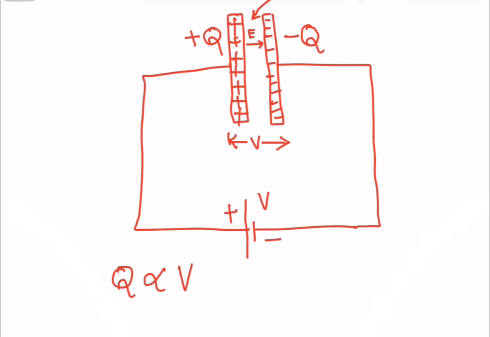That means if you keep changing the cell to increase the voltage, 1.5 volts, 3 volts, 4.5 volts, 6 volts, the charge developed on this device, the capacitor, also increases. Therefore, the charge developed on the capacitor is directly proportional to the potential difference across the capacitor, which is approximately equal to the EMF of the cell connected to the capacitor.